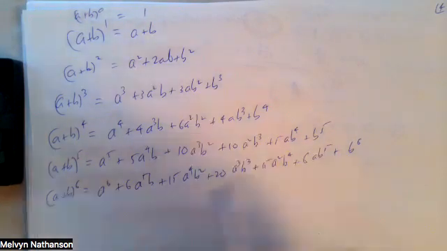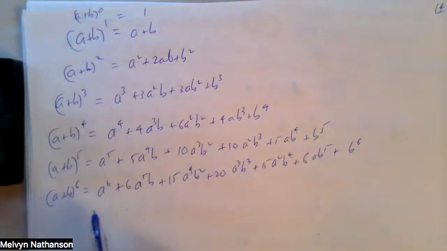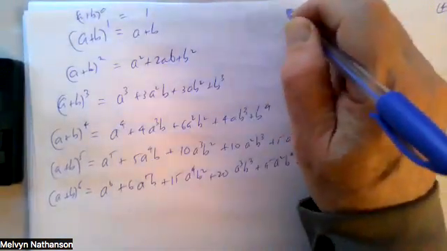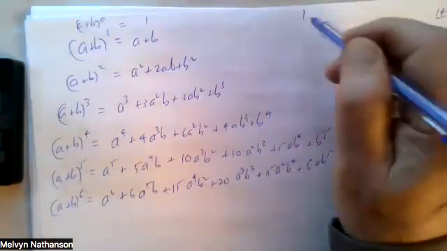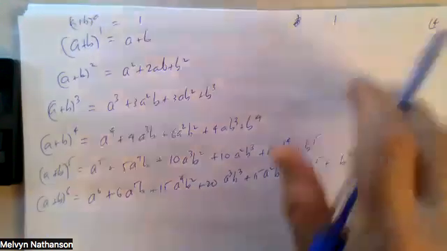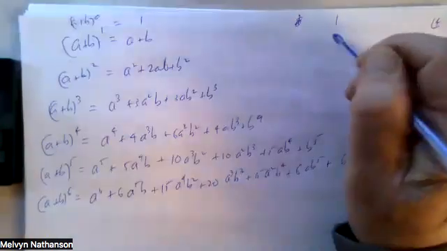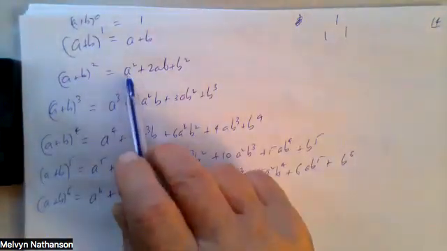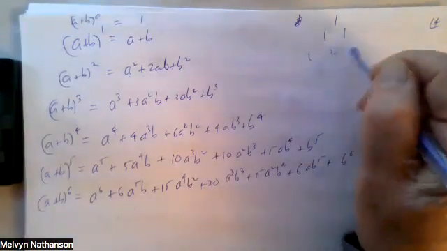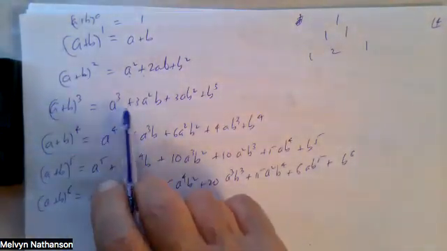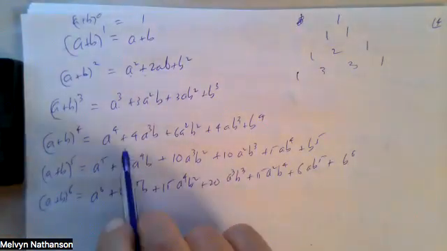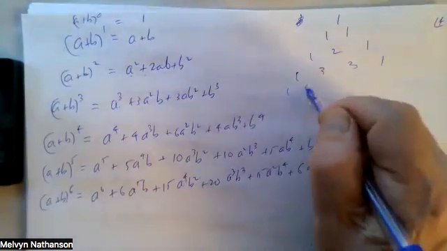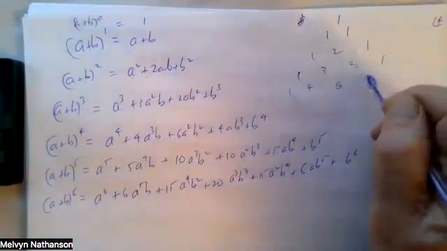You'll notice, by the way, if I look at just the coefficients, they're always symmetric. Here I have 1. Here the coefficients are 1 and 1. Here the coefficients are 1, 2, 1. Here the coefficients are 1, 3, 3, 1. Here the coefficients are 1, 4, 6, 4, 1.